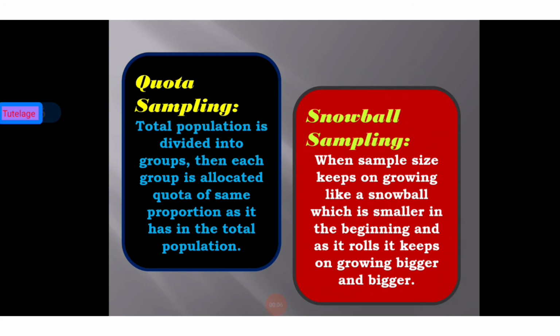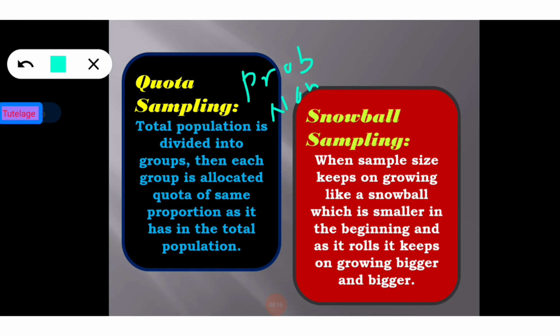There are two types of sampling: one is probability and another one is non-probability. Okay, so we have already known probability sampling means each unit of population has an equal chance of selection.